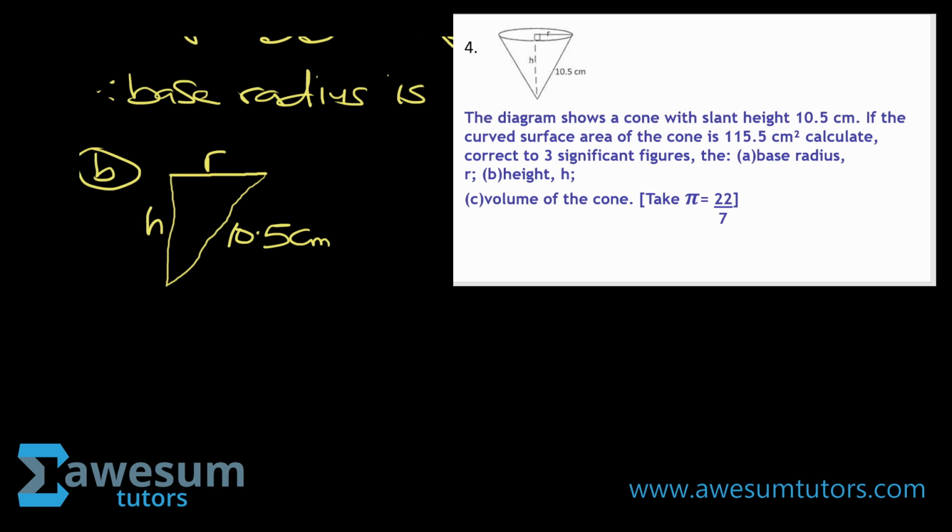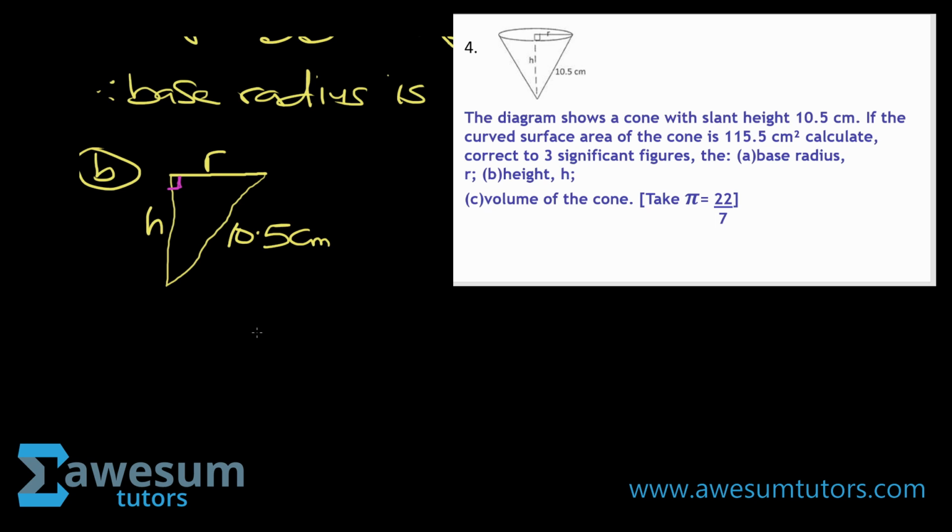Now, we have been asked to find this right here, which is the height. If you look at this, it is a right angle triangle, and we know that the longest side is the hypotenuse.